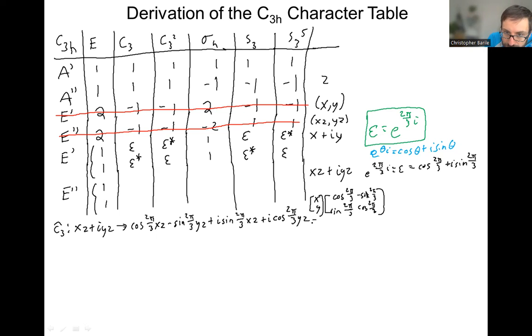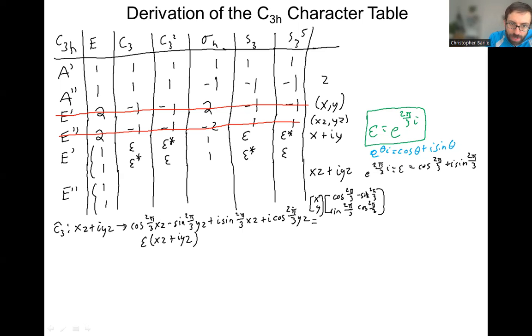And so you end up being able to factor out an epsilon. So this equals epsilon times xz plus iyz.